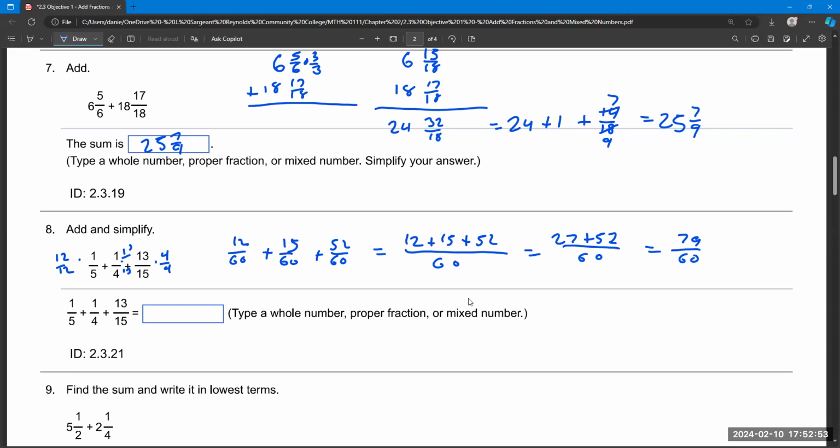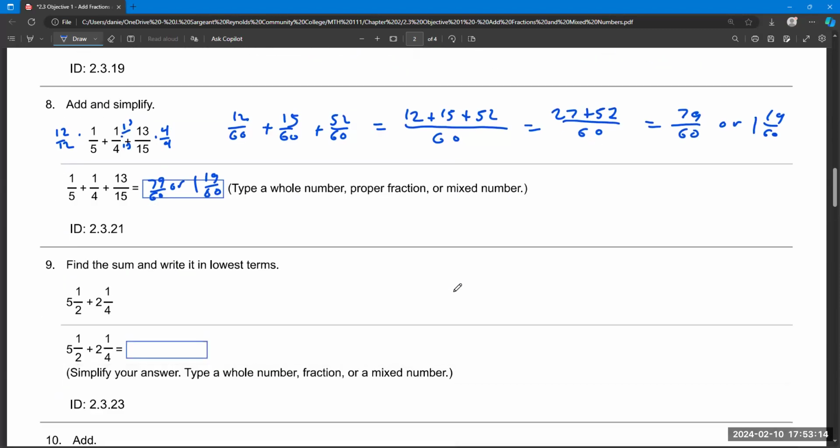And that can't be simplified. You could write it as a mixed number of 1 and 19 over 60, but you don't need to do that. Either one of those is fine.